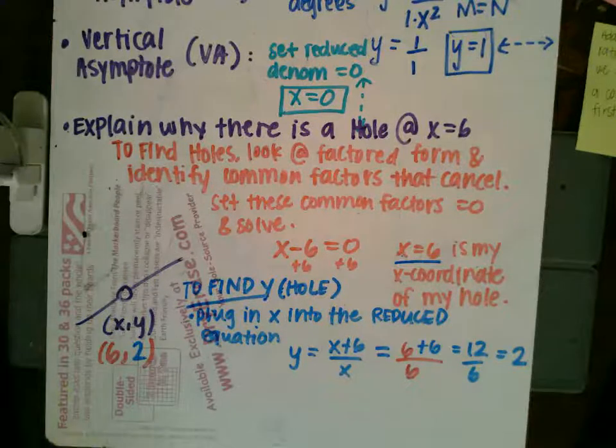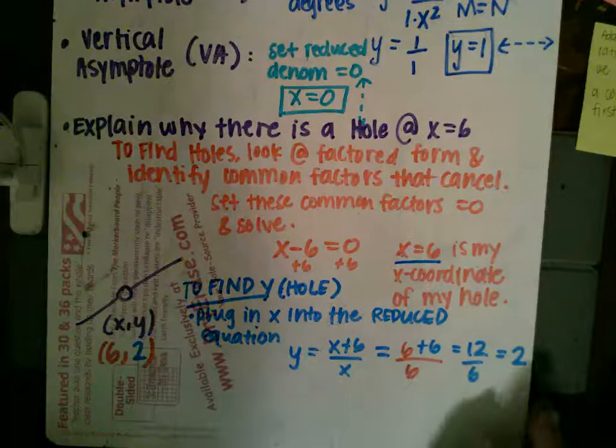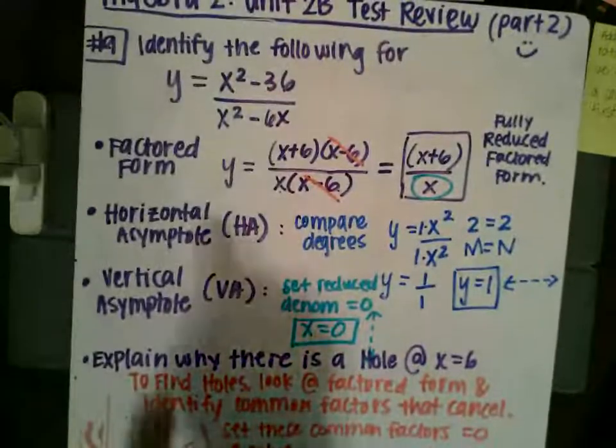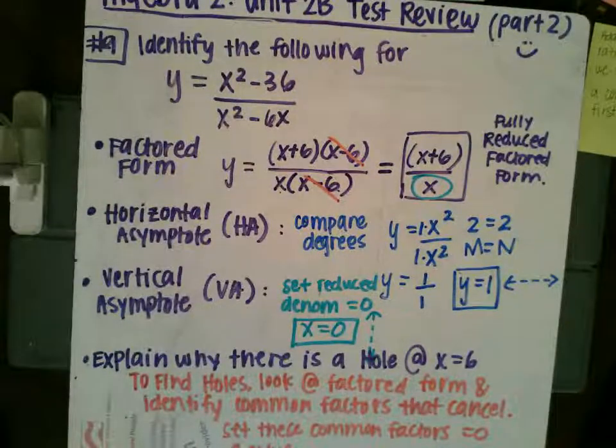So just in case you were wondering how to find the y coordinate of the hole, you just plug x into the reduced equation. You can plug it into the original equation, but there's just more plugging in to do, right? If I did x squared minus 36, then I would have to do a lot more work.